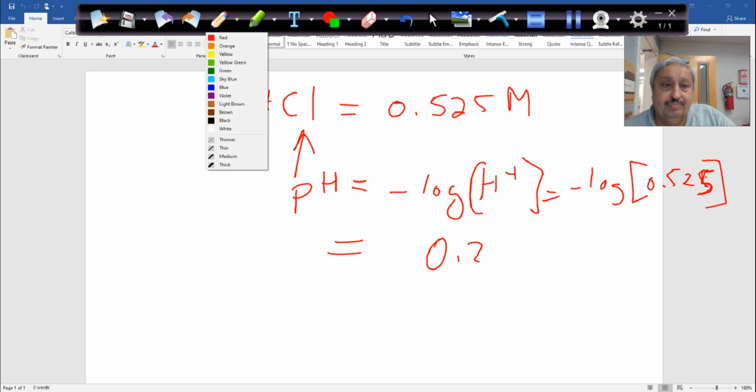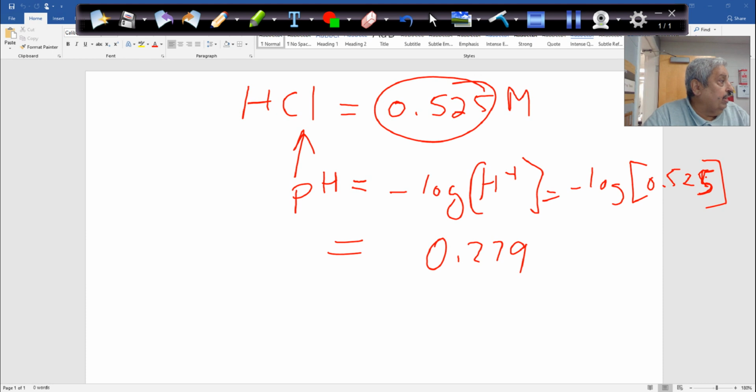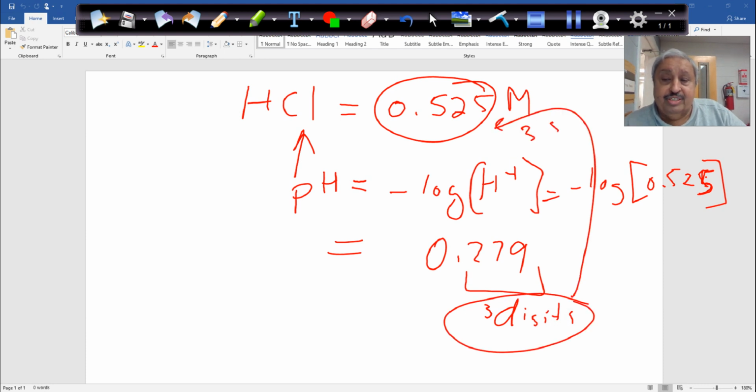Okay, 279. Now you have to look at the sig figs here. The sig figs will determine the digits after the decimal. I have 3 sig figs, so I have 3 digits here, corresponding to 3 sig figs. If there are 2 sig figs, there will be 2 digits after the decimal.